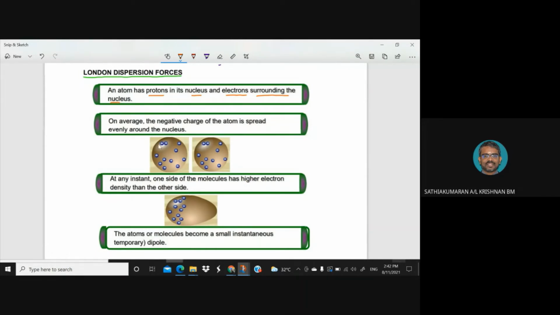So now you can see, here I got one atom. What is the negative here? Electron is moving. Same, this is another atom. The electron is moving. On average, the negative charge of the atom is spread evenly around the nucleus.